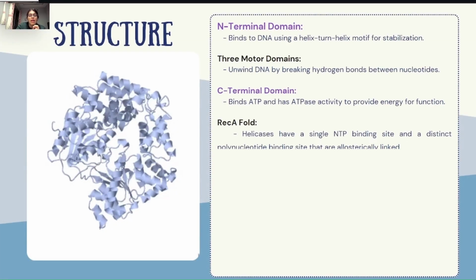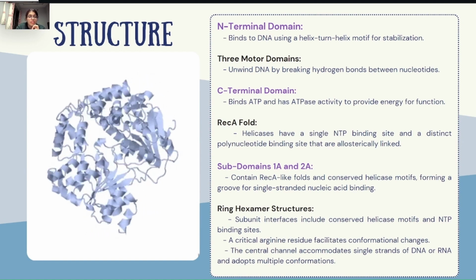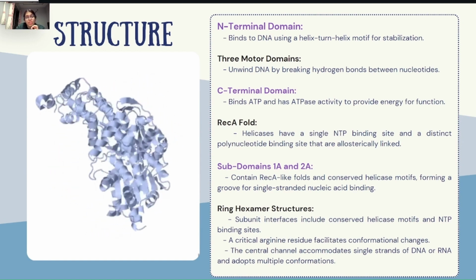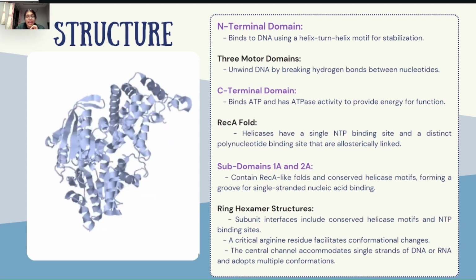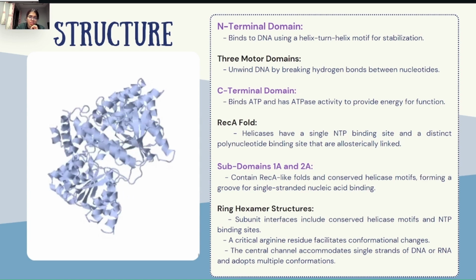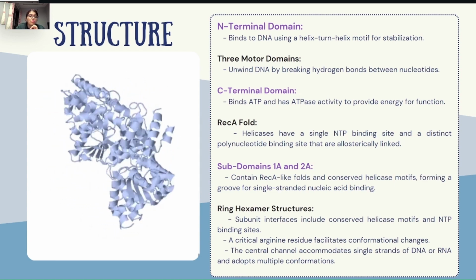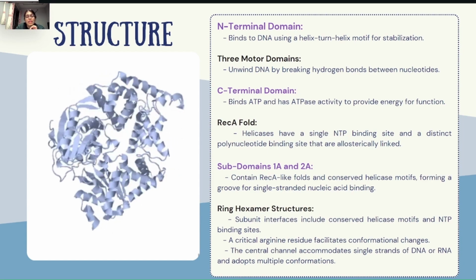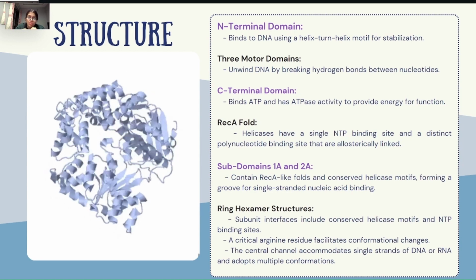Now, helicases have several important structural components, starting off with the N-terminal domain, which binds to the DNA using a helix-turn-helix motif for stabilization, and the C-terminal domain, which binds to ATP and has an ATPase activity to provide energy for function.